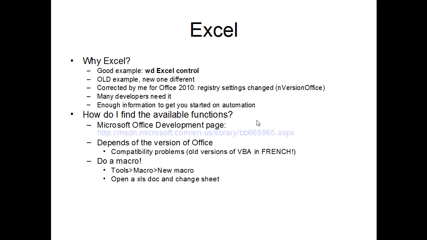By doing that, of course, it is recorded inside the macro, and once you have done what you want to know about, you stop the recording. At that point, you have a macro that you can restart, and it is going to open an Excel document and change the sheet you're working on. What's interesting is that you're able to edit the macro by going to Tools, Macro, Macro, and then look at the original code in VBA. The only thing that remains for you is to translate that code into W language with the syntax that we talked about earlier.